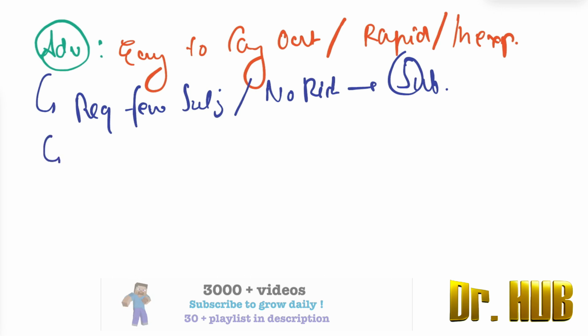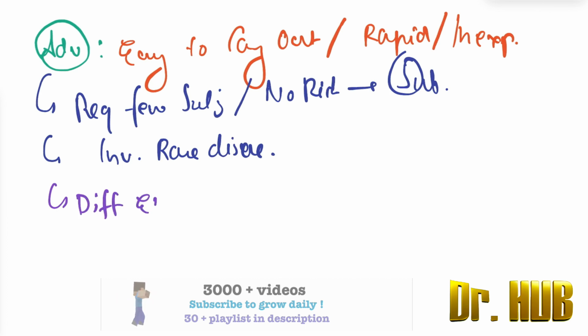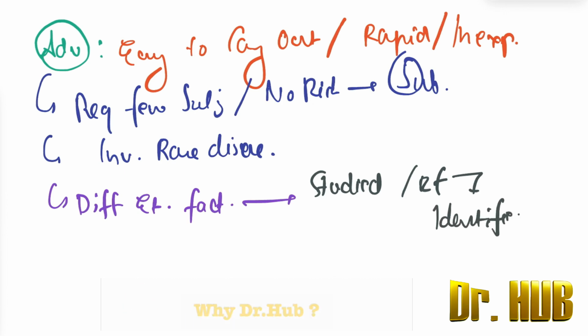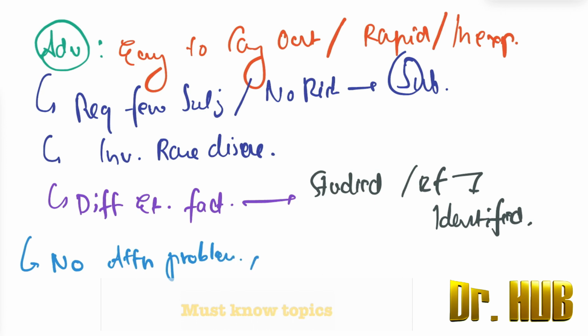It is used to investigate rare diseases, and different etiological factors can be studied. The risk factor may be identified. There are no attrition problems, and there are minimal ethical problems.